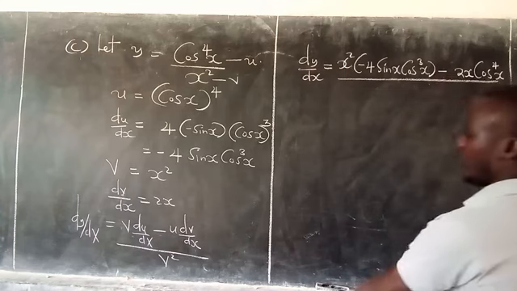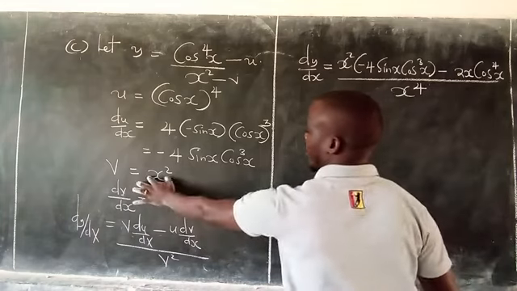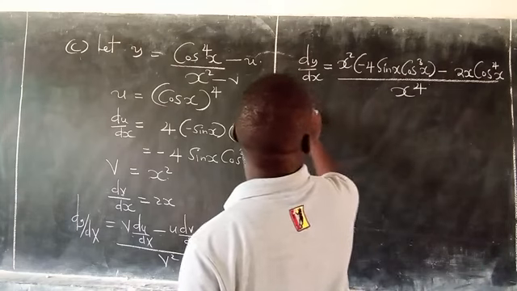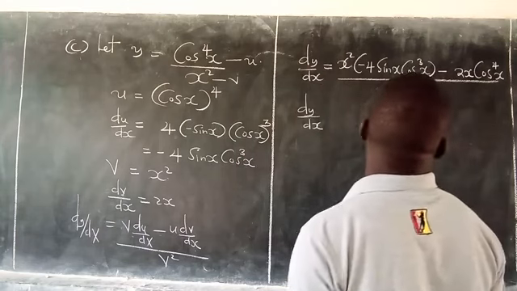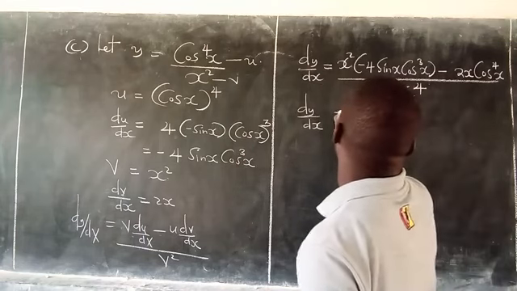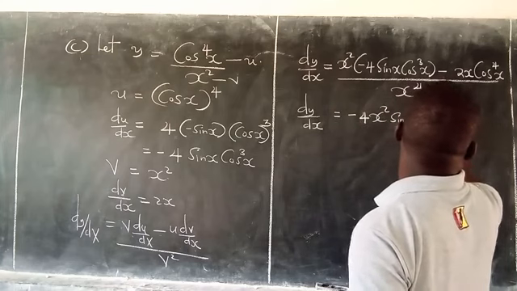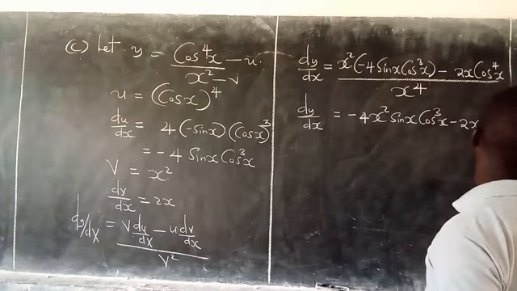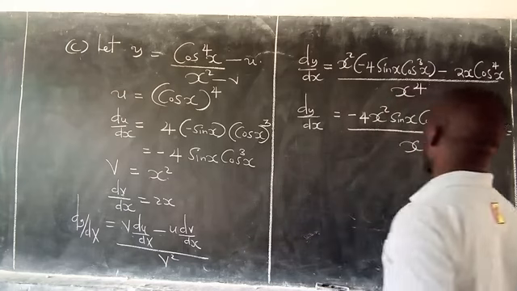All this divided by v squared, whereby now we shall have x power 4, because our v was x squared, but squared again gives us x power 4. Then from this level we can try to do the simplification, especially the numerator. I can see that we shall obtain minus 4x squared sine x cos cubed of x minus 2x cos power 4 of x, all this divided by x power 4.